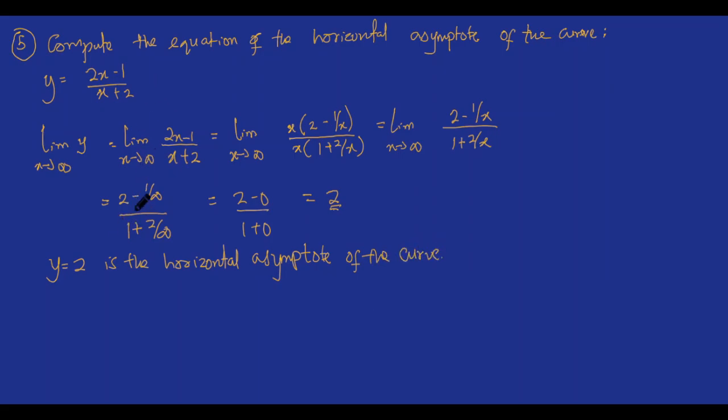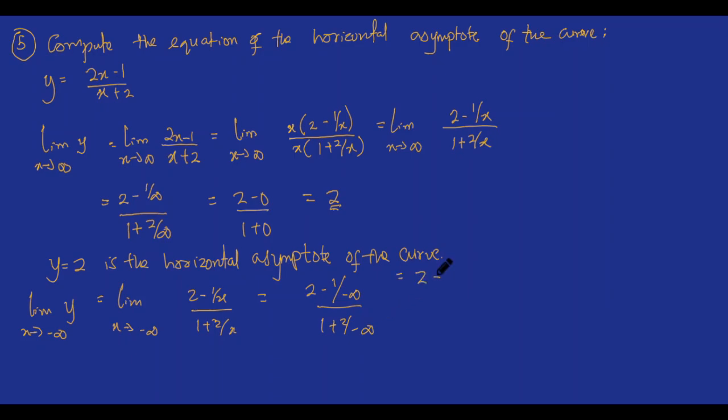Also, in getting the horizontal asymptote of the curve, you examine the behavior of the function as x tends towards negative infinity. If we substitute negative infinity into 2 minus 1 over x divided by 1 plus 2 over x, you have 2 minus 1 divided by negative infinity, divided by 1 plus 2 divided by negative infinity.